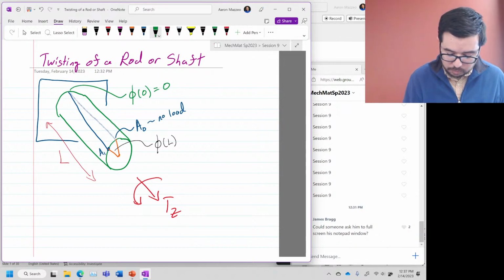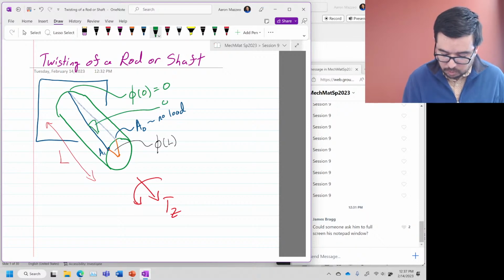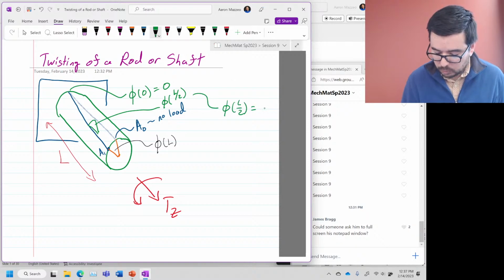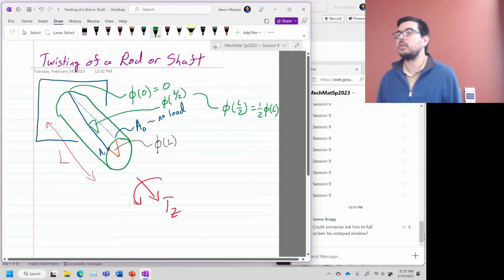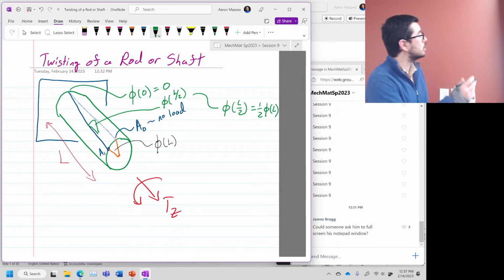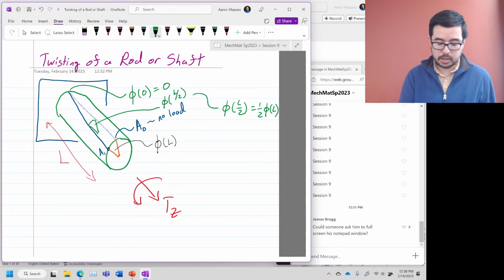Phi at L over 2 is going to be 1/2 phi of L. It's a linear relationship that goes with distance away from the center, or from the start, from the wall.